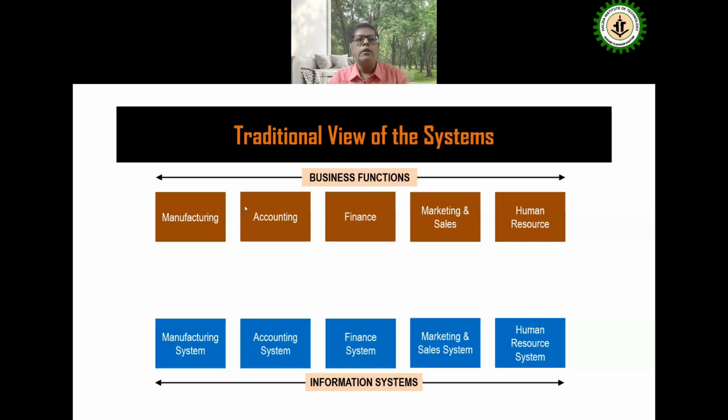So all these are the business functions we have represented in brown box, and the associated information system is indicated in blue rectangles. So each of the functions are concerned with their individual information systems, which we refer as the business processes.